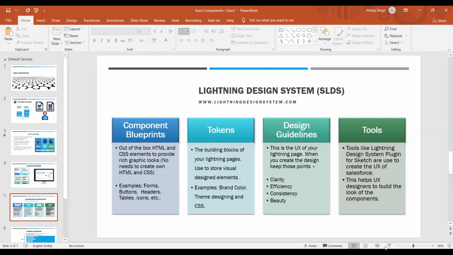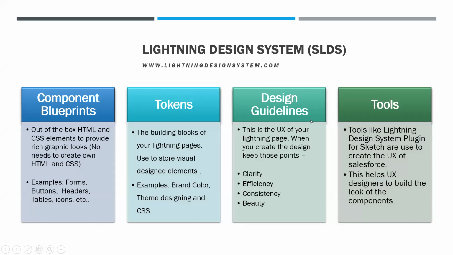Okay. Now, next is the design guidelines. Like I was saying, if you want to build a page, now this is for the UX first of all. What UX people do, when they need to build a page, is first draw a raw image of it, right? For that raw image, you can use these design guidelines in Lightning Design System.